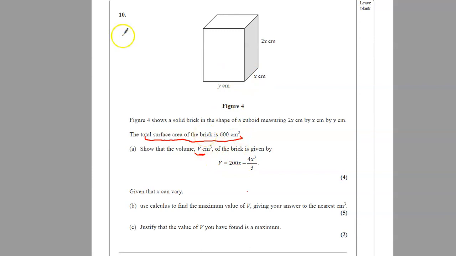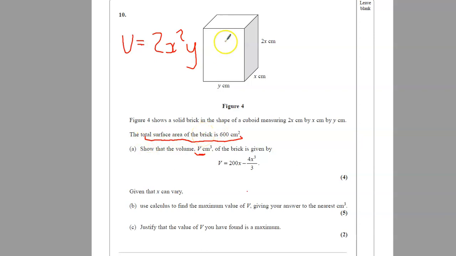We can write this as V equals 2x squared y, but we've got to get rid of that y, and that's where it's going to get all this from. How are we going to get rid of the y? Well, we're going to do that with this total surface area.